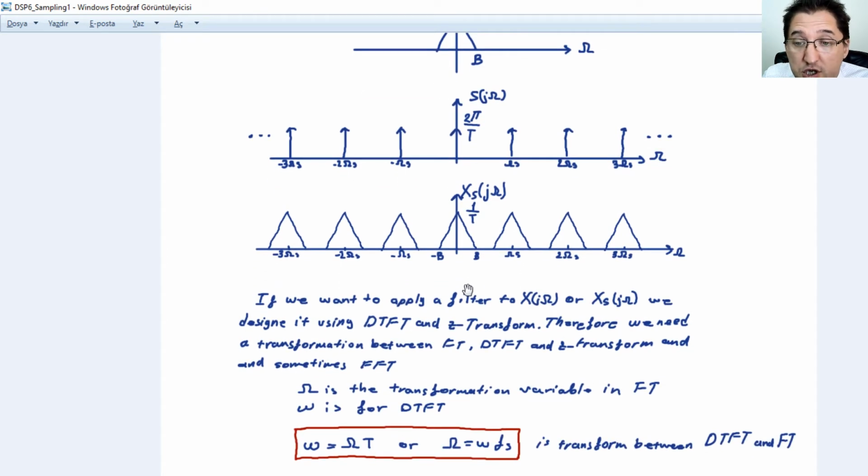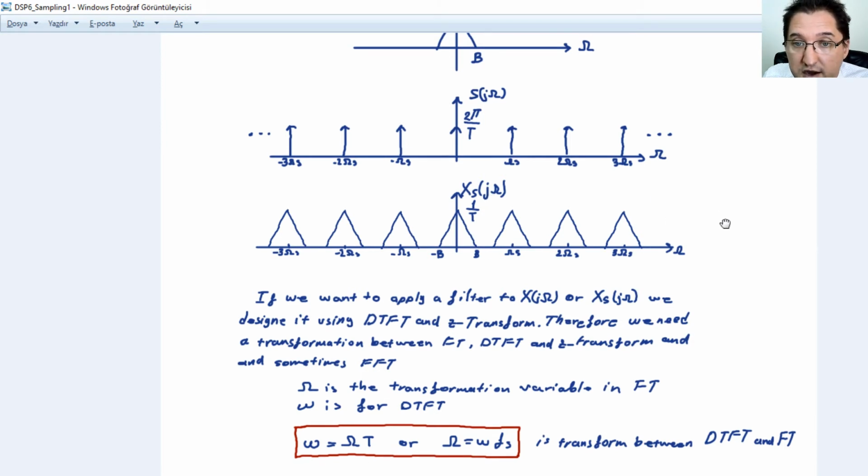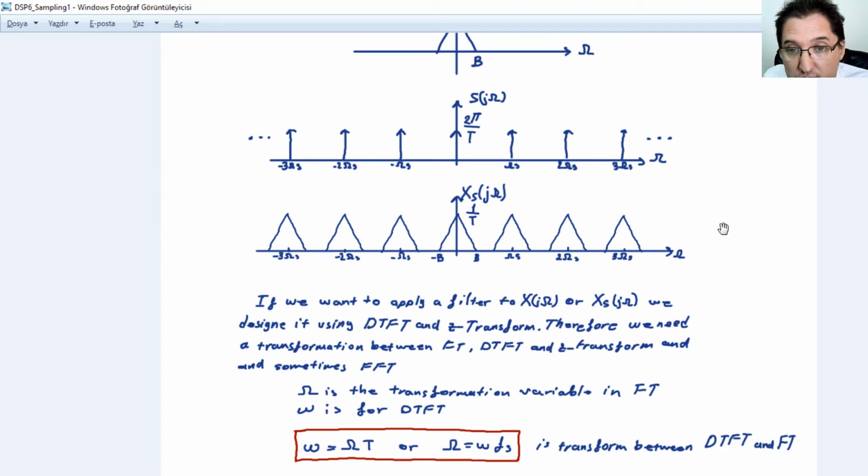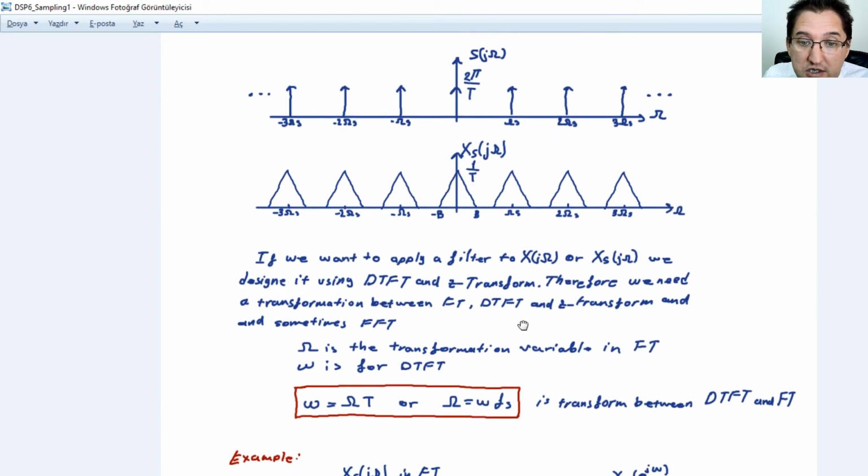And we generally design filters in the discrete time Fourier transform and Z transform, but here this is in the Fourier transform. Therefore we need a relation or transformation between the discrete time Fourier transform and the Fourier transform.